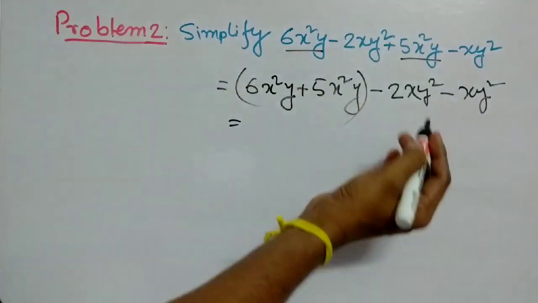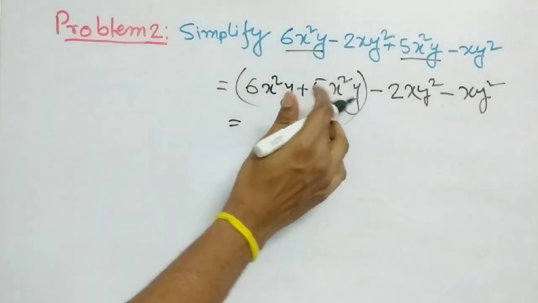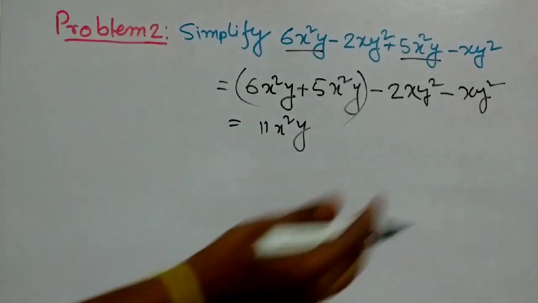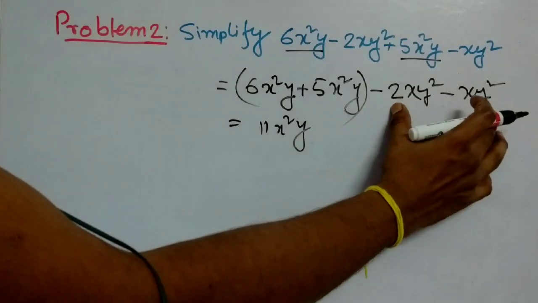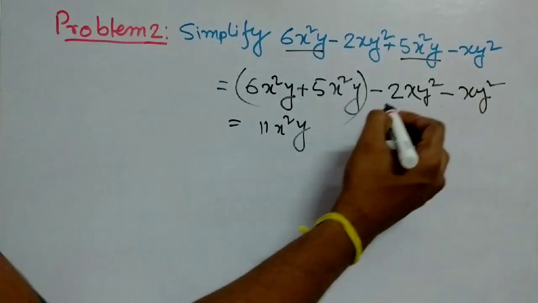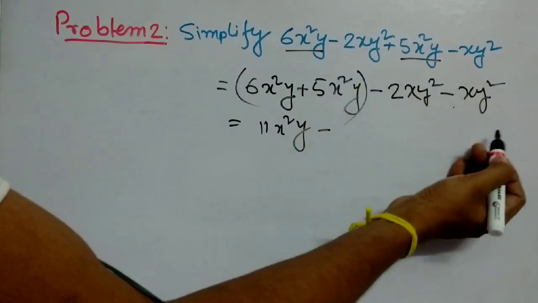Now 6x square y and 5x square y. So 6 plus 5 is 11x square y. Let us go for the last part, that is xy square. So it is minus 2xy square and minus xy square.